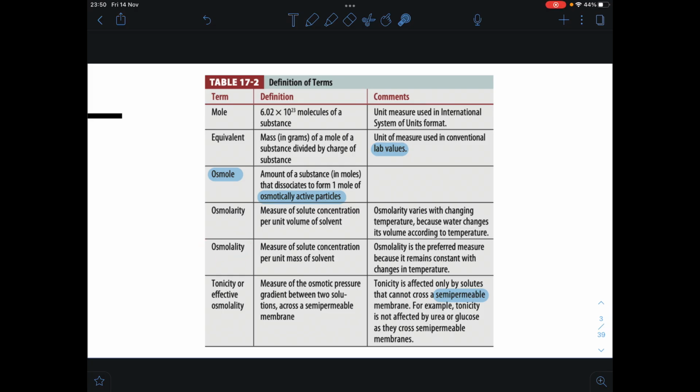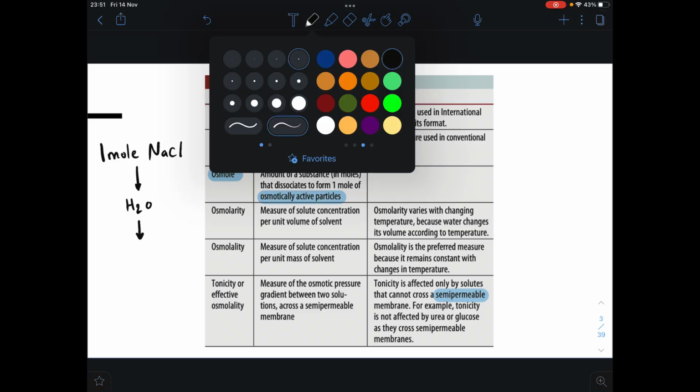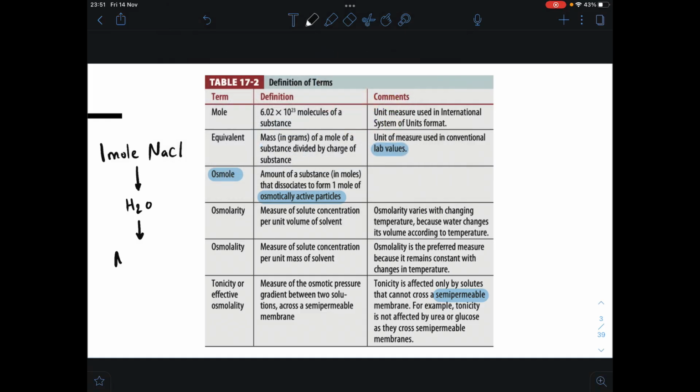So, first of all, let's understand what an osmole is. An osmole is when you have, for example, 1 mole of sodium chloride and you dissociate it in water. When you put sodium chloride in water, it will separate into sodium and chloride.